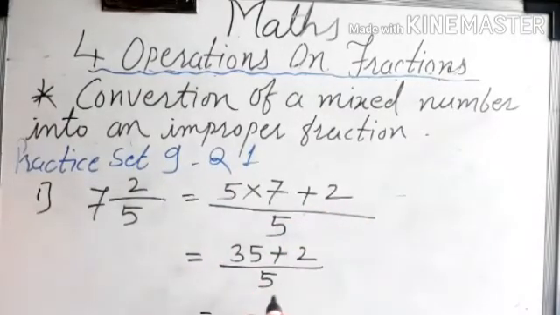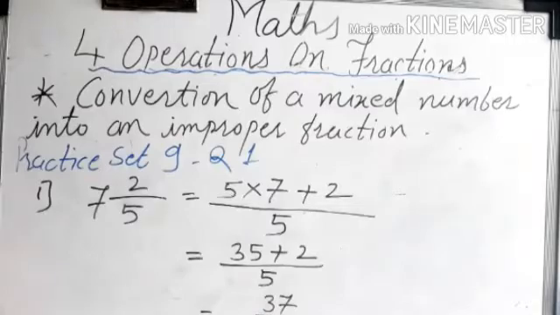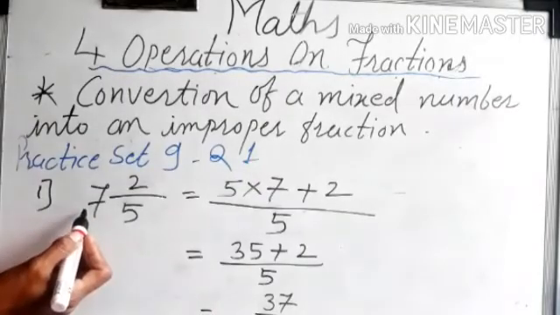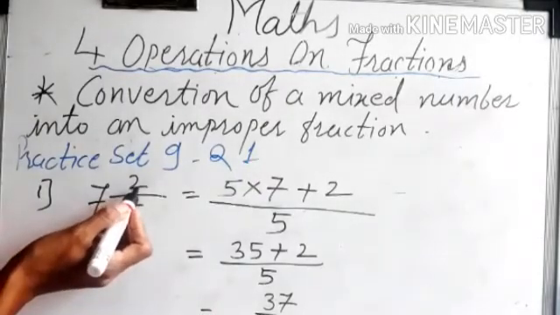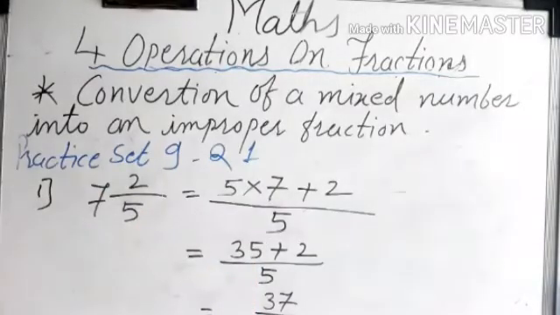Then 35 plus 2 is 37 upon 5. This is your answer. So how to convert 7 and 2 upon 5 into an improper fraction: take the denominator, multiply by the integral part, plus the numerator, upon the denominator as it is, and solve it.